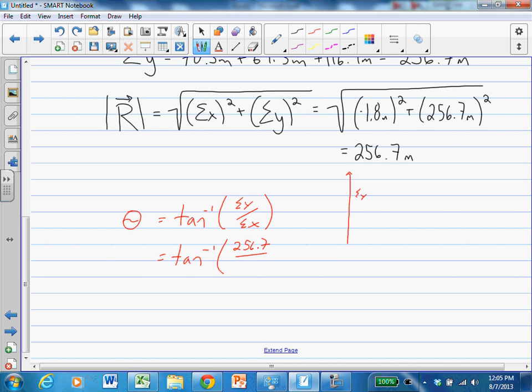So we'll have to interpret the angle that comes out of this correctly, because it's going to give me a negative angle. 256.7 divided by minus 1.8, tan inverse of that is minus 89.6.